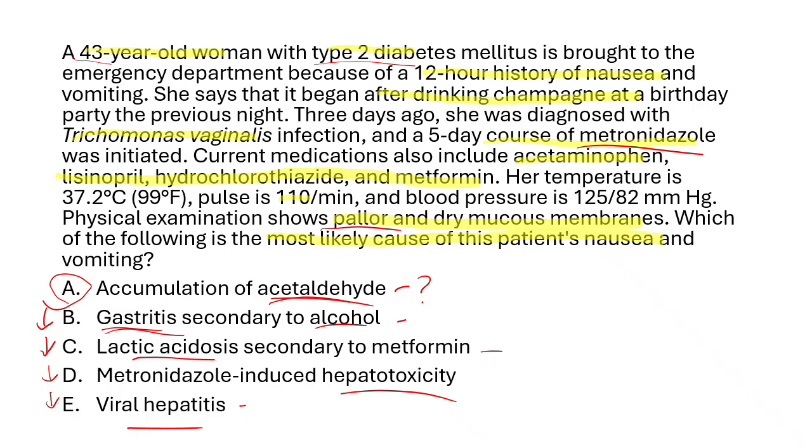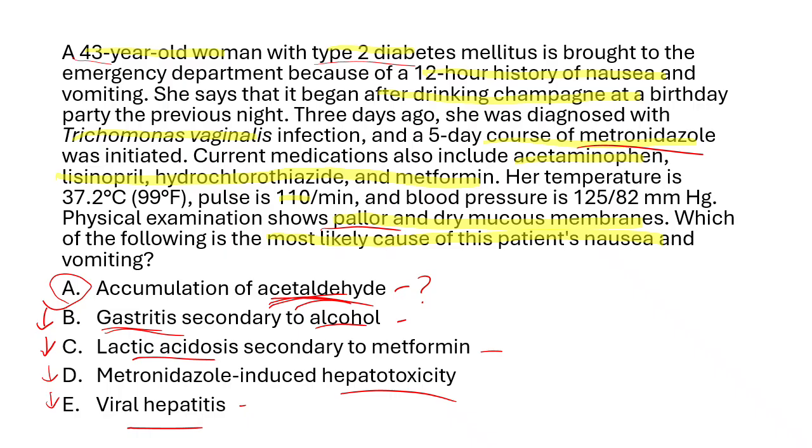It inhibits acetaldehyde dehydrogenase. So alcohol dehydrogenase turns ethanol into acetaldehyde, and then acetaldehyde dehydrogenase turns that into something harmless. Metronidazole inhibits that step and causes the buildup of acetaldehyde. If you remember that mechanism, this is easy.